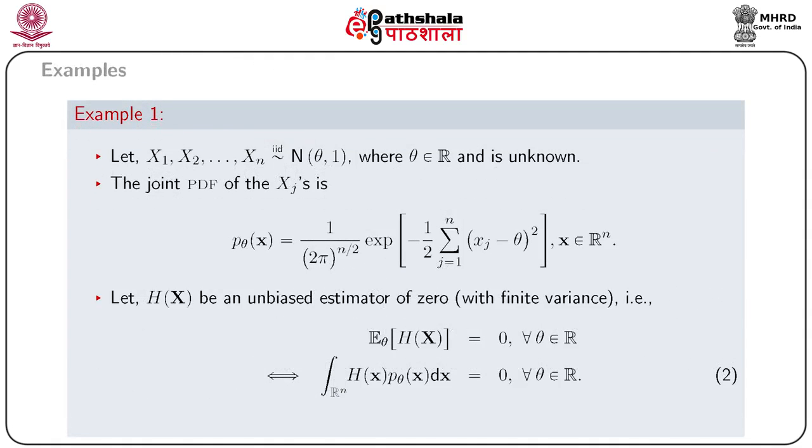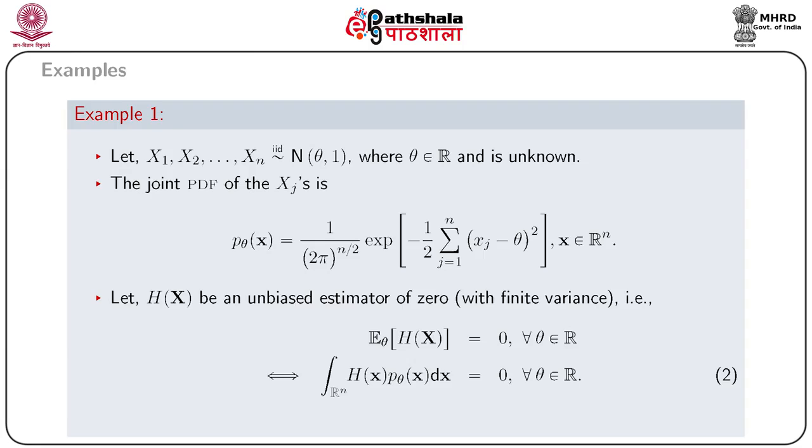Let us consider some examples. Example 1. Let X1, X2, up to Xn be IID normal random variables with mean θ and variance 1, where θ is unknown. Suppose we want to find a UMVUE of θ.